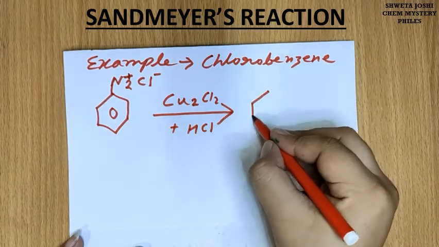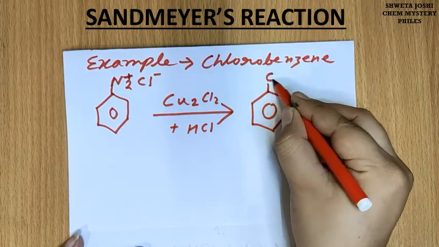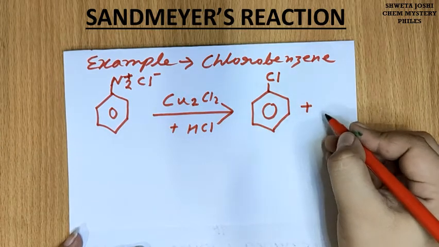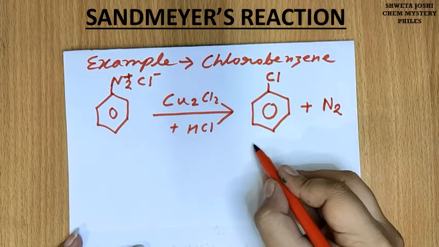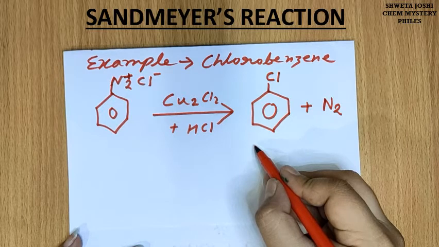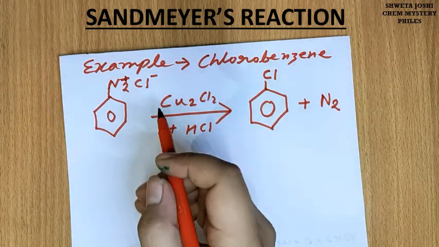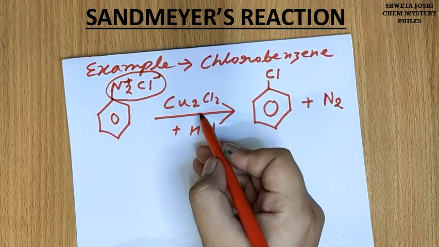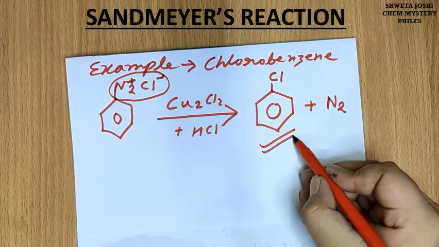In this reaction, the N2Cl group is substituted by halogen, and there will be formation of chlorobenzene, and nitrogen will be removed in the form of nitrogen gas. So this is chlorobenzene. The N2Cl group is substituted by the chloro group from cuprous chloride, and chlorobenzene is formed.